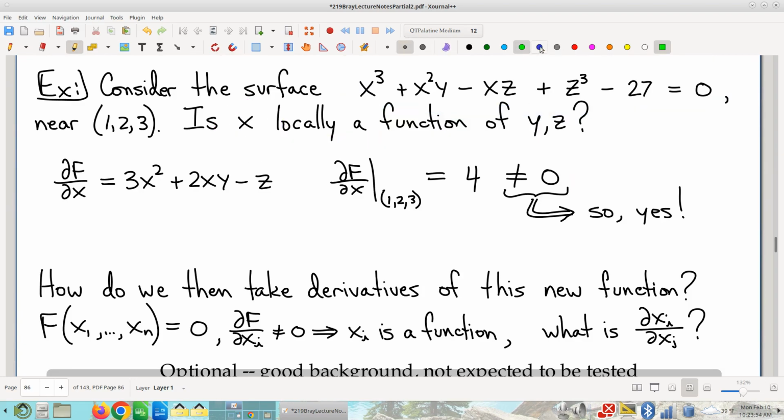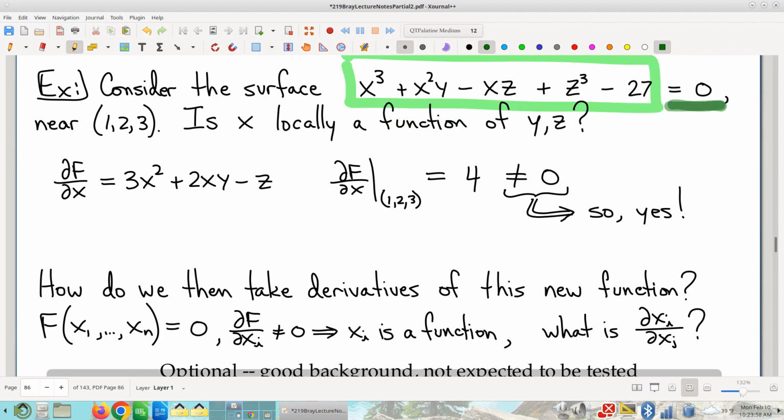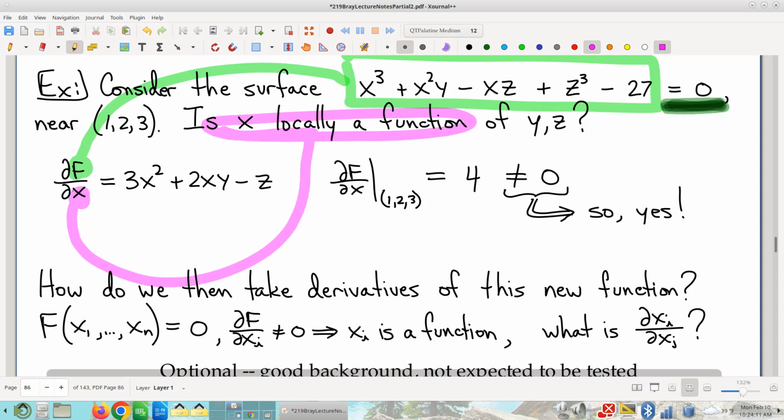Here's our capital F. This is the thing whose level set we're looking at. That's our capital F, in other words. So for that function, you take the partial with respect to whichever variable you want to view as being a function of the others, per the rule, again per the implicit function theorem. And you punch it up.